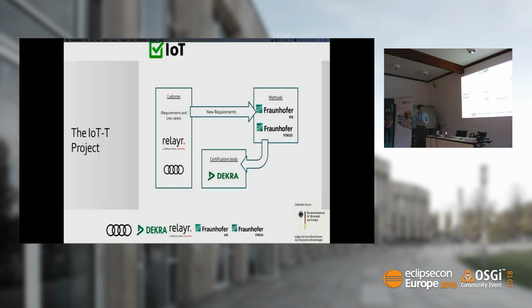Our goal was also to give those tools and methods to a certification body, because the industry wants to be able to say: my IoT device is tested, or my IoT device is secure. So it's like a closed circle now. We have our methods and our output that can be used by certification bodies, in this project DEKRA, and the industry can rely on that.